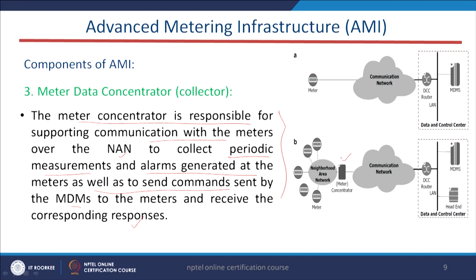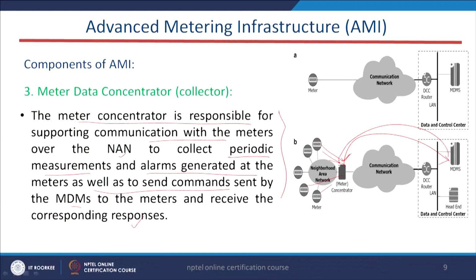Basically, first of all, this meter concentrator will collect the information from the smart meters through this NAN section, and again this will send the data to the MDMS, and also the reverse side. What is the reverse side? This MDMS will send the information or data, whatever we need in the operation of the smart grid system, to the meter concentrator.